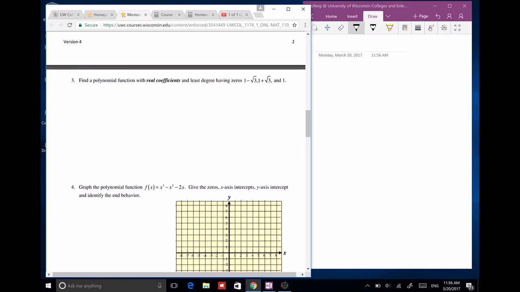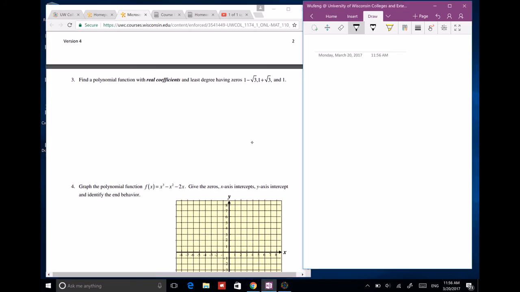Find the polynomial function with real coefficients of at least the degree that has zeros 1 minus the square root of 3, 1 plus the square root of 3, and 1. If one root is 1, then x minus 1 is a factor.